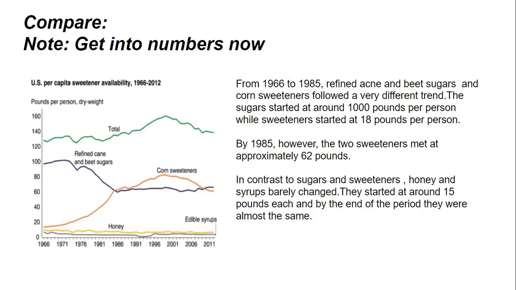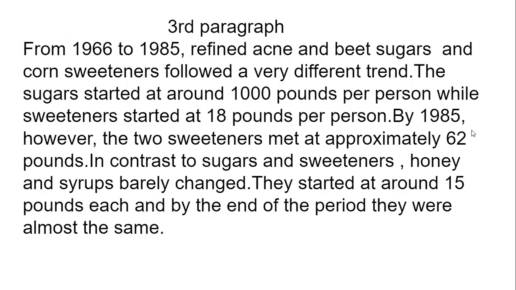In contrast to sugars and sweeteners, as there is a rise and fall in them, the honey and the syrups barely changed. They started at around 15 pounds each, and by the end of the period, they were almost the same. If you know the format, you'll be able to write it nicely. This is how your third paragraph would look.